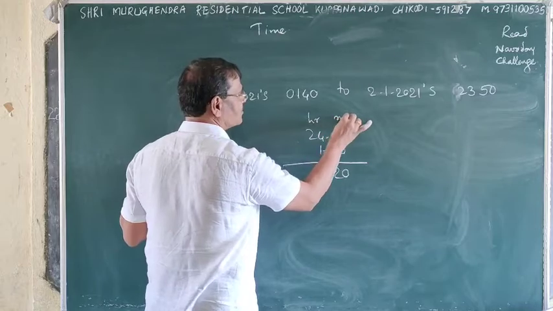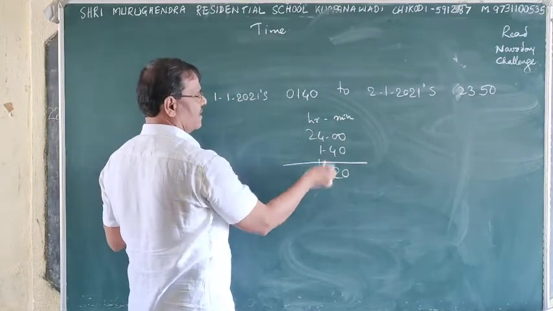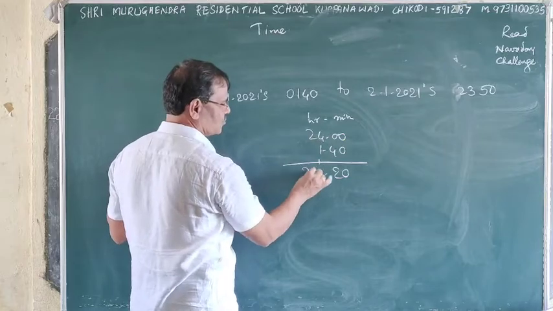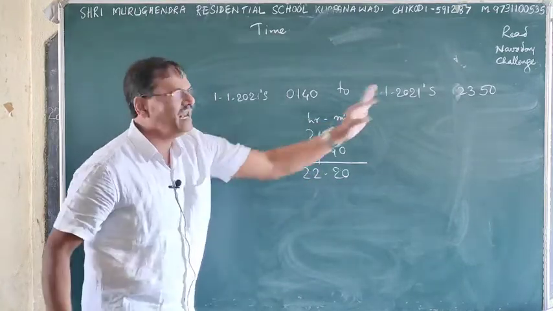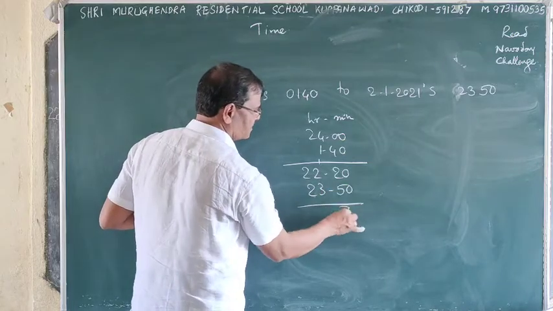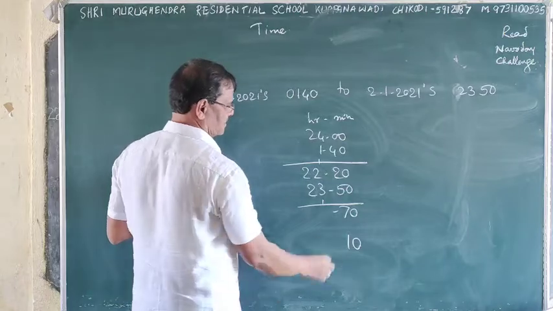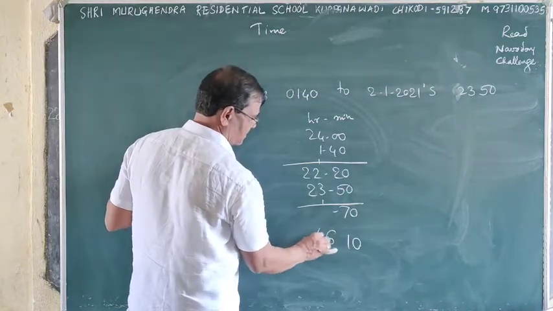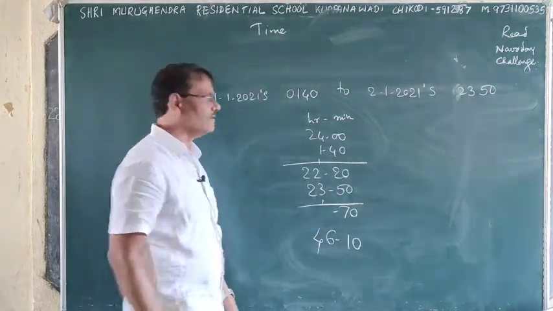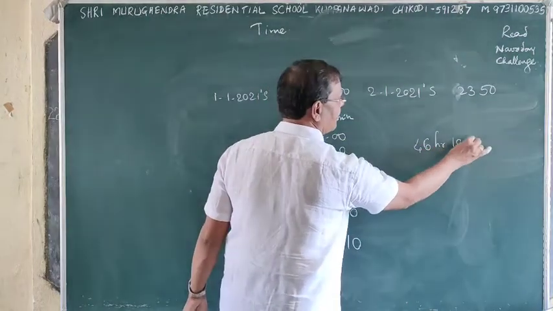This is minute. 60 minus 40 is 20. 24 minus 2 is 22. Then directly 23:50. That is 70 is nothing but 10, and this is 46 hours 10 minutes.